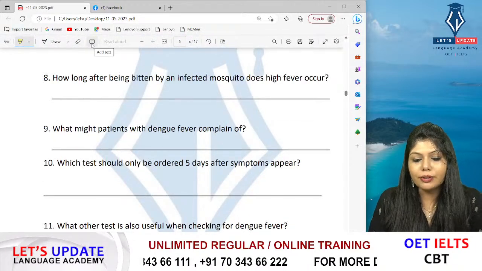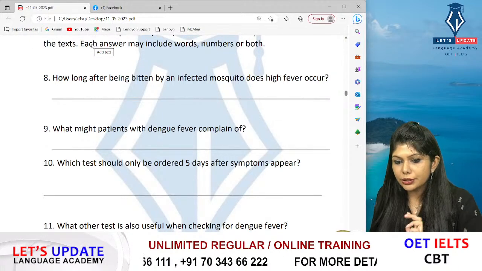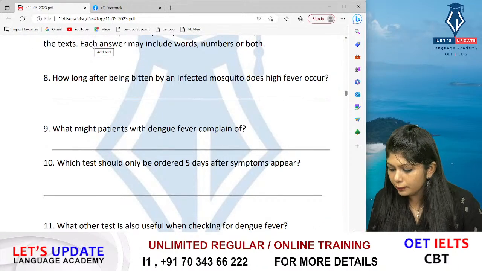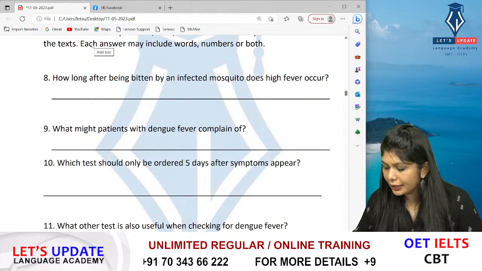How long after being bitten by an infected mosquito does high fever occur? So what do you think the answer would be?